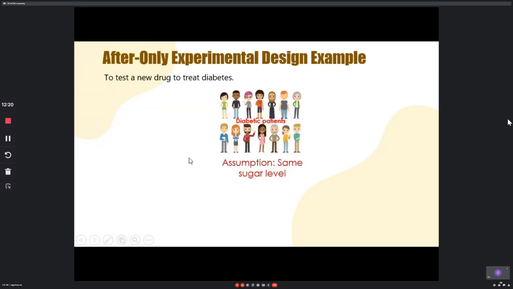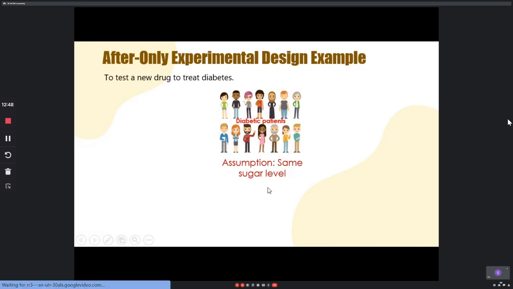For after-only experimental design, we have an example here, also a case study to test a new drug to treat diabetes. Say, for example, we're going to carry out experimental design. If we have only this, we are doing after-only experimental design. This is a group of diabetic patients, and we assume all of them have almost the same sugar level.